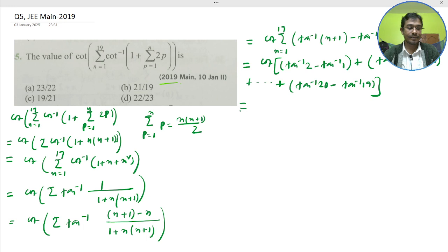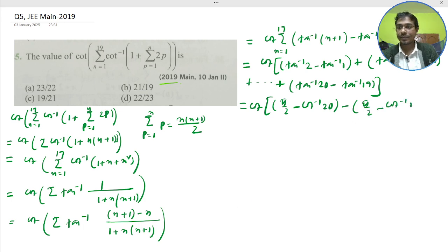So it would become cot of pi by 2 minus cot inverse 20 minus pi by 2 minus cot inverse 1, because tan inverse x plus cot inverse x equals pi by 2.